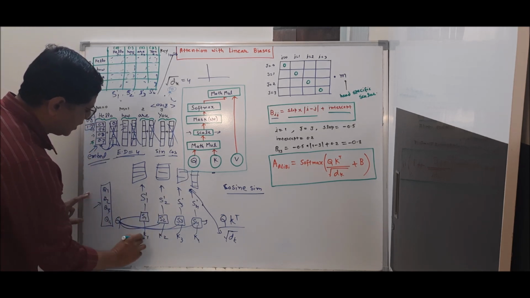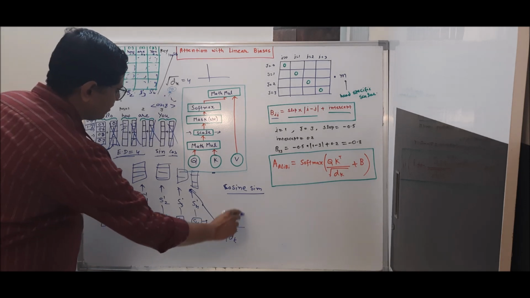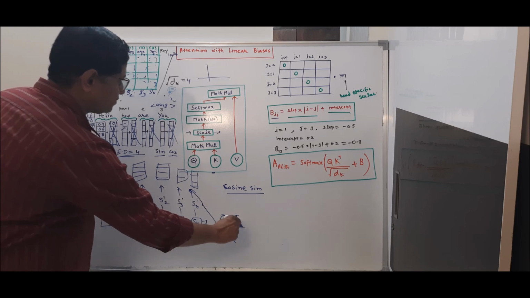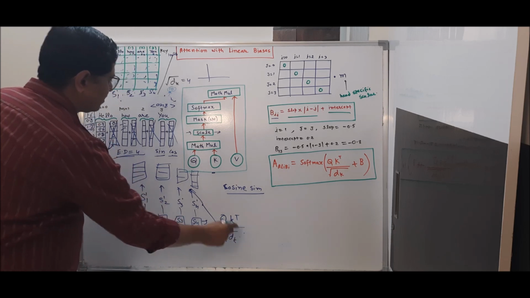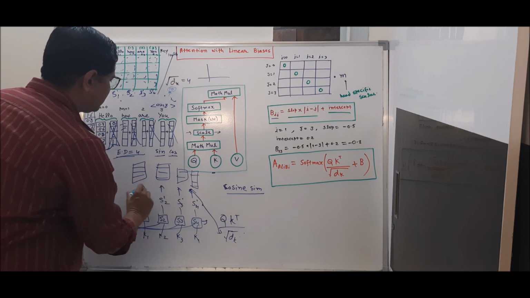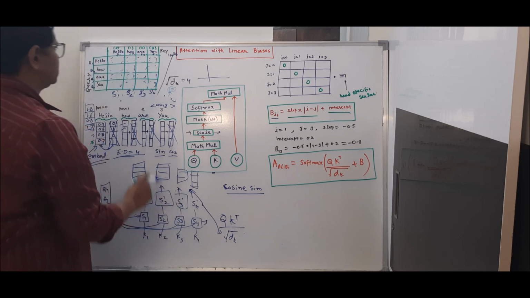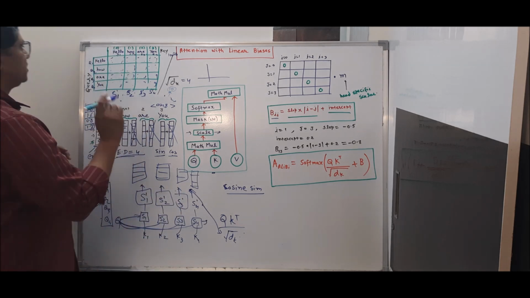We will use the query and key, then compute the similarity score, then divide by a scalar and scale it to get a normalized similarity score between each of those words, but without positional embedding.